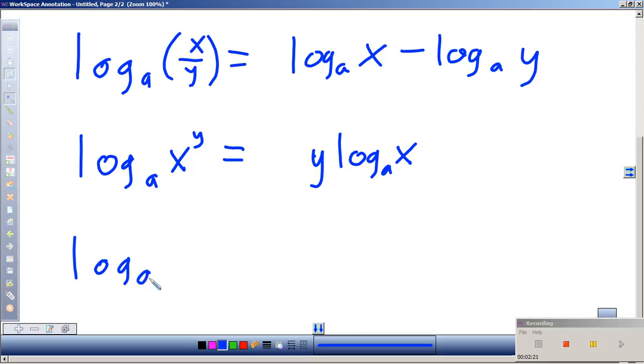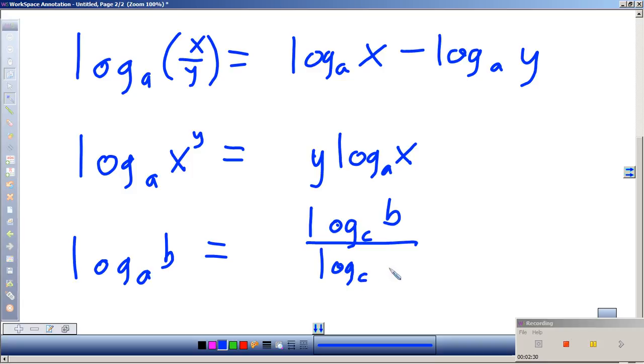Log base a of b is equal to log base c of b divided by log base c of a. It could be anything. It could be 10, it could be 15, it could be anything we want.